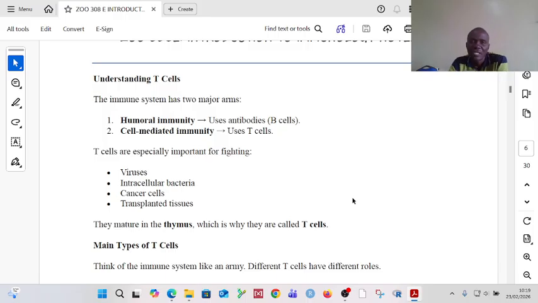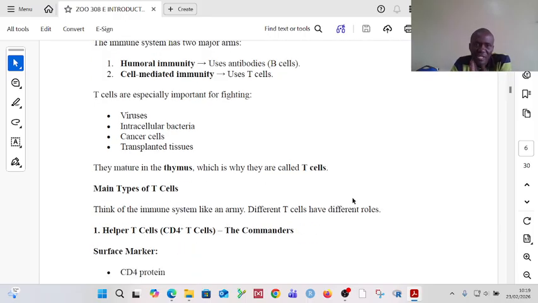Okay. So just as a recap, the immune system has two major arms: the humoral immunity and the cell-mediated immunity. Humoral immunity uses antibodies, and antibodies are produced by B cells. Cell-mediated immunity uses T cells.